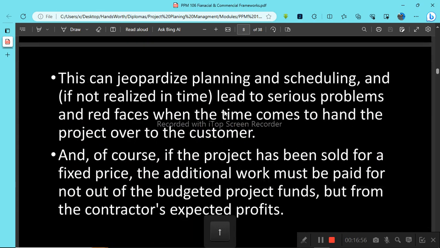Alright, under bottom-up estimation, it is very cardinal and important that we make sure we list all the activities and all the items that are going to be involved in the implementation of our given project.